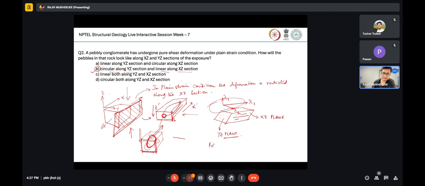So foliation, stress ellipse, lineation, strain ellipse, and lambda 1, lambda 2. Okay.